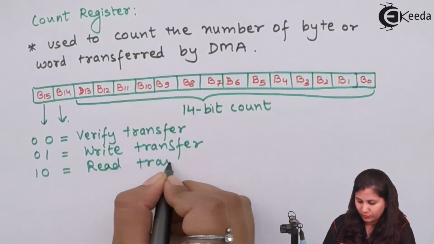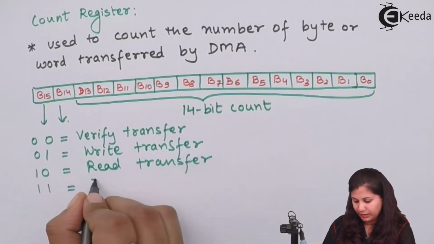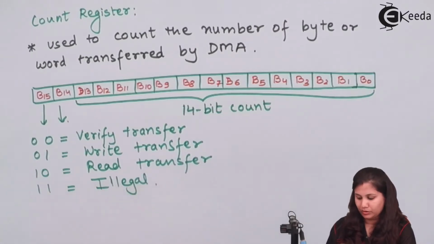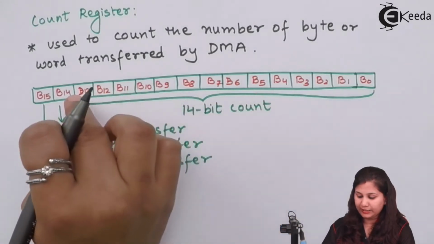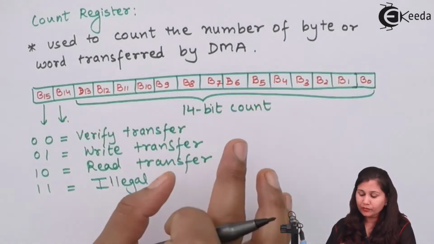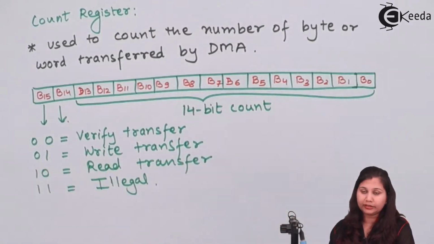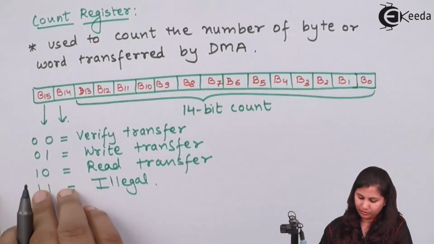And if it is 1, 1, then this is illegal, meaning it is not allowed. So the 14 bits are the count value, and the 2 bits indicate the type of the DMA operation which is performed. So this is the count register.